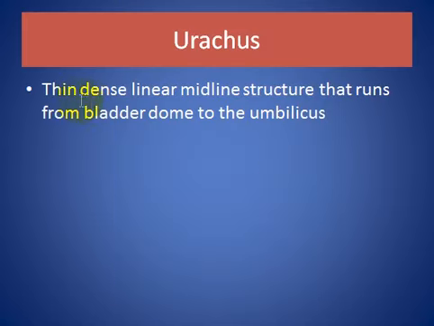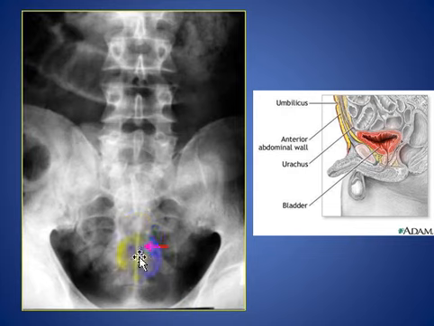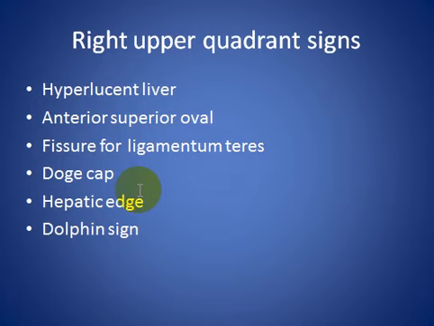Eureka sign is a thin, dense, linear midline structure that runs from the bladder dome to the umbilicus. As we see here, this is a midline linear structure outlined by air and extending from the bladder dome to the umbilicus.